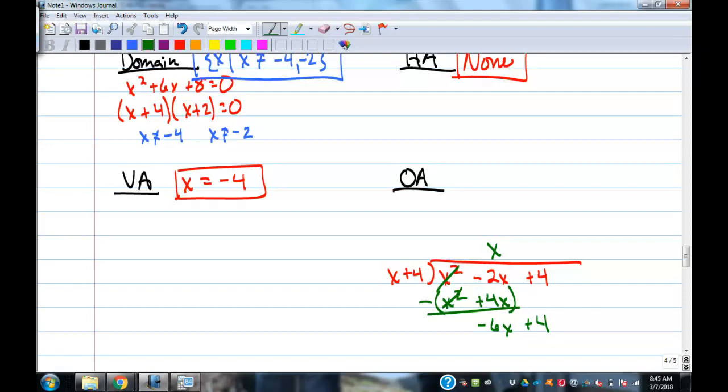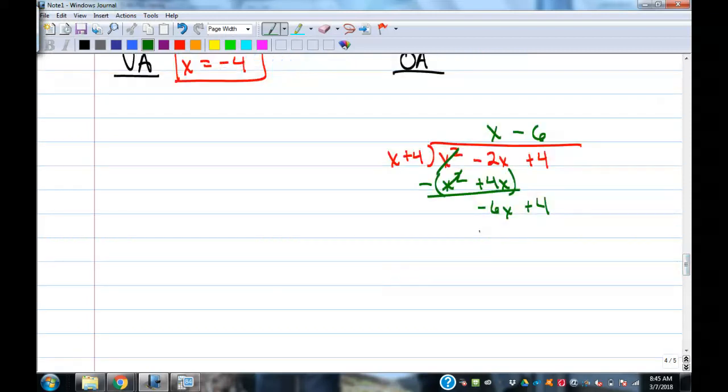What times x gets me negative 6x? Negative 6. That'd be negative 6x minus 24. Subtract. 4 minus negative 24, that's 4 plus 24, which is 28. So that's the remainder. The remainder doesn't matter, guys.